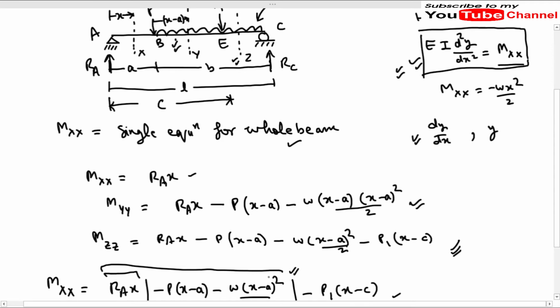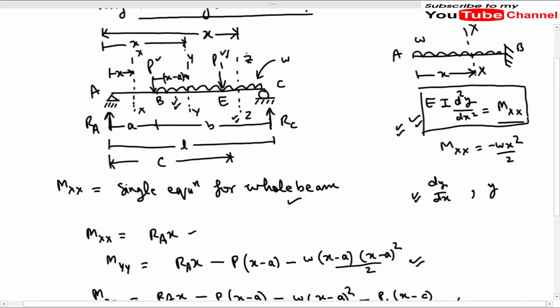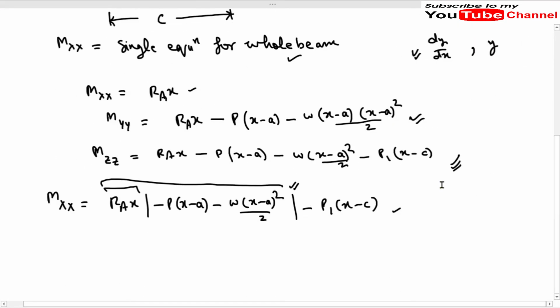If I want to find out the bending moment at section zz, the last one, then I will use all these terms, up to the last one. So in this way we can write a single equation which contains all the important terms for finding the bending moment at any point in the given beam. I hope it is very clear to you how we can write these equations.